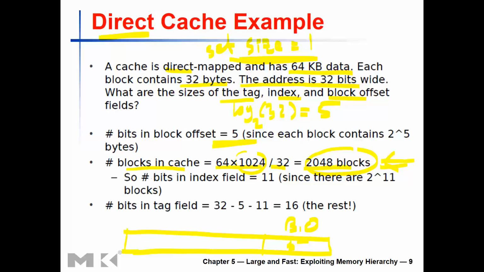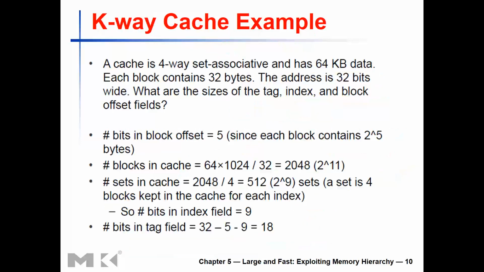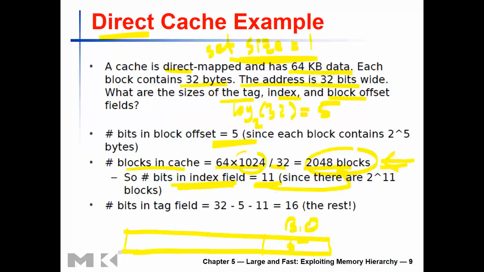With the number of sets equal to 2048, to find the number of index bits I take the log base 2 of this number, and I get 11 bits. So this is the index, 11 bits, and whatever remains in terms of bits is the tag.